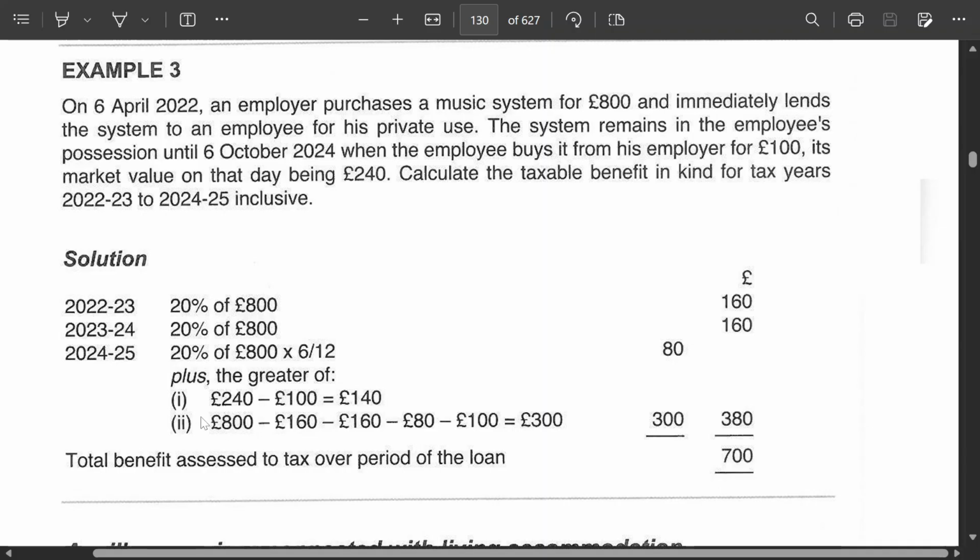And then the other method is kind of like the book value method. What is the book value? Well, it was initially put on the books at 800, and then what charges have we levied? We put 160 in the first year, 20% of 800, another 160 in the second year, and in the third year, because it was half, we put 80 charge.